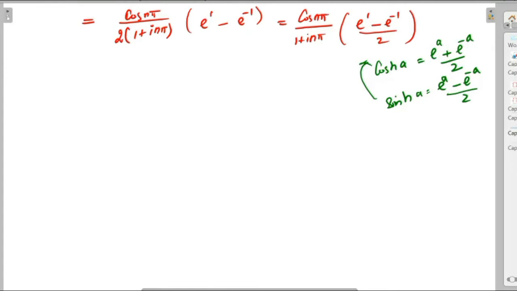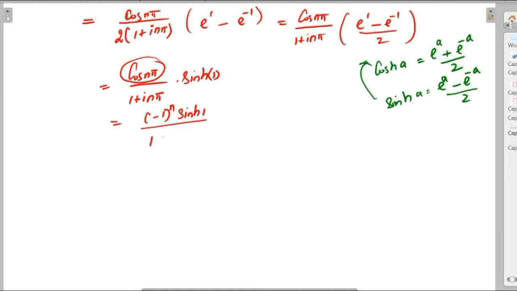So from that you may get cos nπ divided by 1 + inπ into sinh 1. Already you know that the value of this one is (−1)^n. So (−1)^n sinh 1 divided by 1 + inπ.